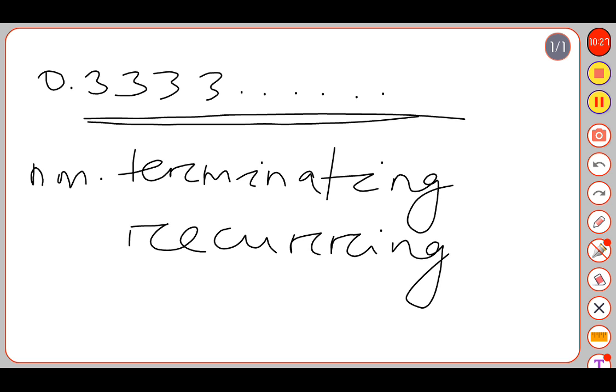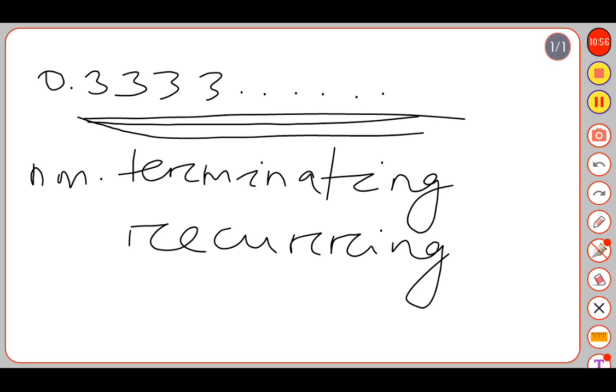So if in a decimal expansion such type of question comes out, then we can say that it is a non-terminating recurring decimal expansion. The decimal expansion which never terminates or ends, and in the quotient the numbers are repeating, then we can say that it is a non-terminating recurring decimal expansion.